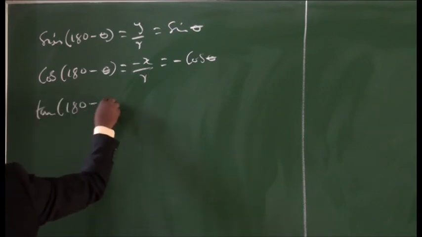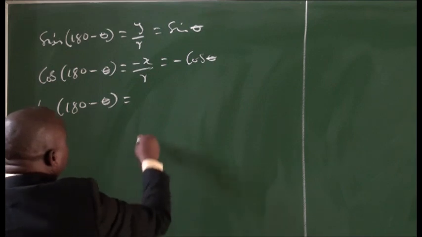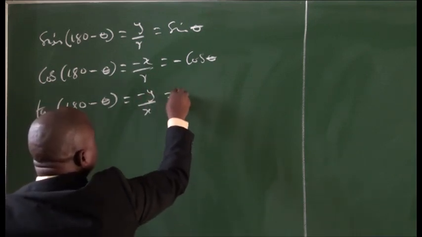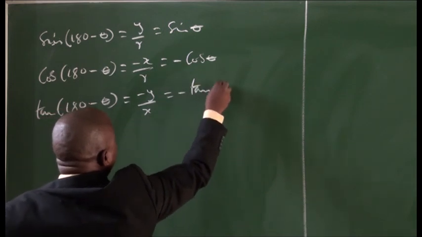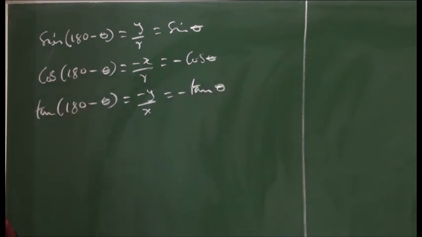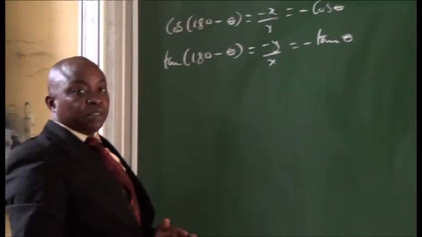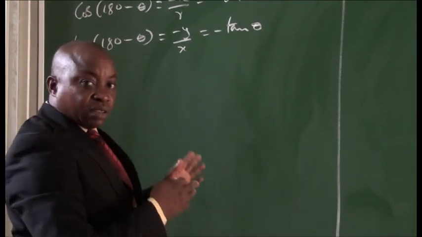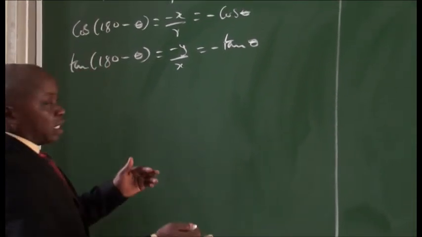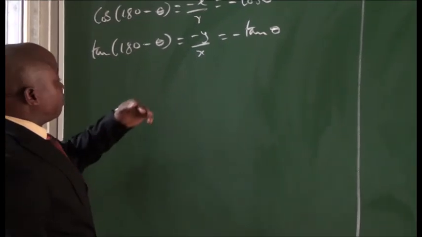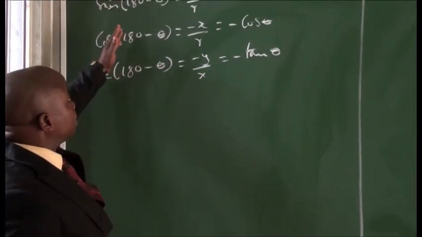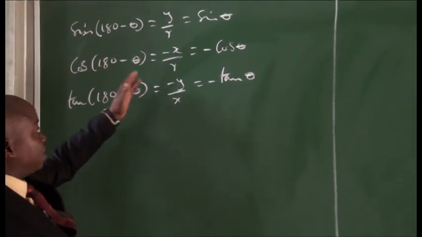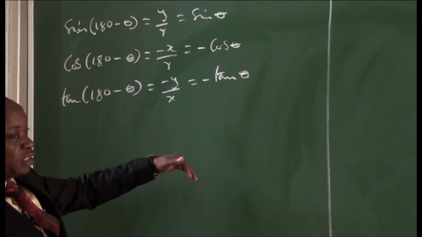And tan of 180 minus theta is equal to minus y over x, which is equal to minus tan theta. Because from the position that the line OP rotates to the second quadrant in anti-clockwise, we have seen from the diagram that it is only sine that is positive. So cos is negative, and then tan is also negative.